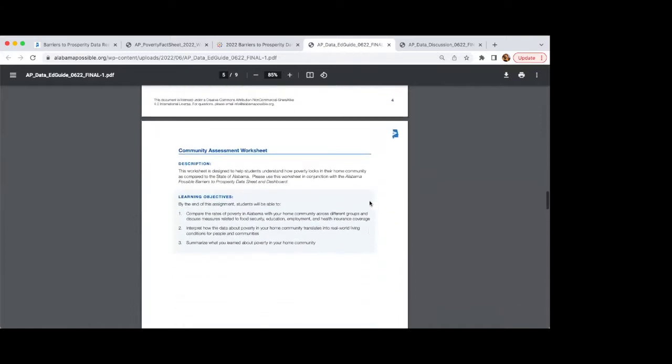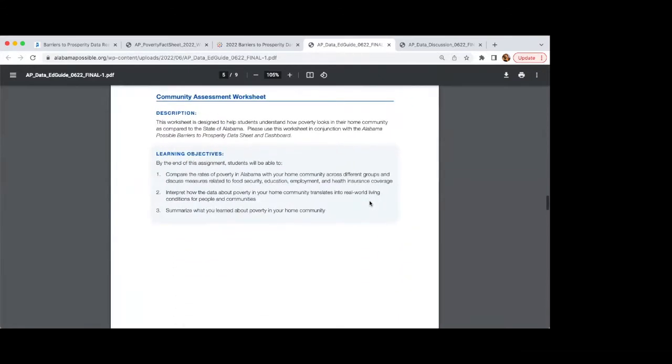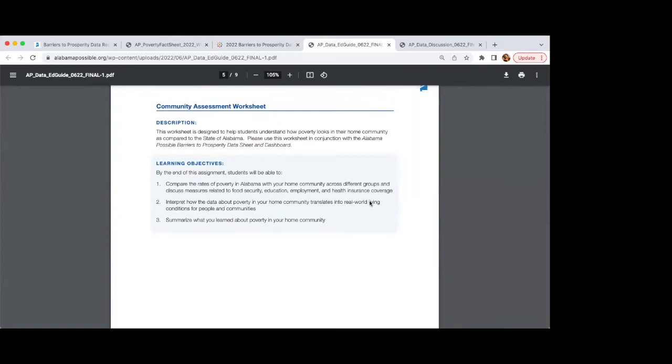After those discussion questions, we have the community assessment worksheet. And this is to get students to see poverty in their local context by looking at the data for their actual home community. Also, one part of this worksheet is getting students to consider how to translate that data into action outside of the classroom. So for instance, how would students advocate for policy change based on the data that they found?